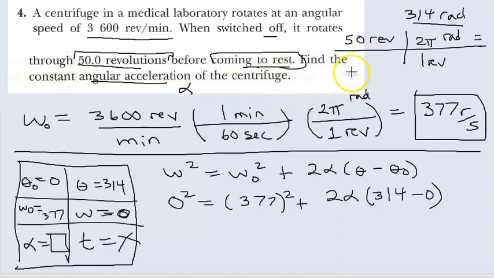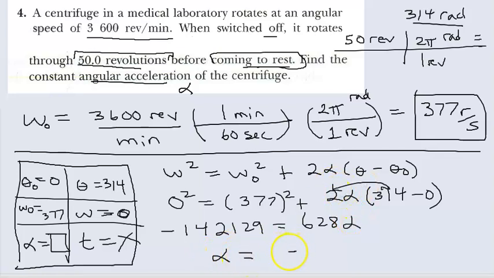We're just assuming, we don't know. It doesn't really matter. Whatever the direction it is moving in, alpha is going to be opposite that direction. Okay, so what you get is this squared brought to the other side is 142,129 equals 628 alpha, multiplying these two things, and that gives you an alpha of minus 226 radians per second squared.